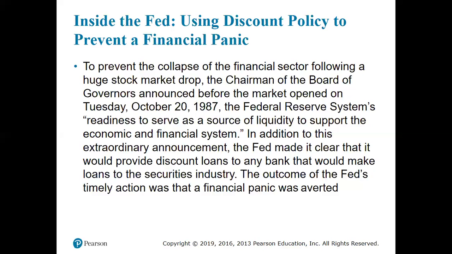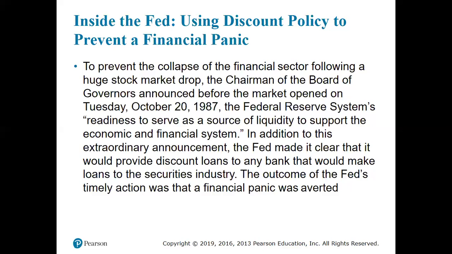They made it clear that they would provide discount loans to any bank that made loans to the securities industry, because there were a lot of problems that arose because in many cases some stocks fell by 30-40% in one day, and some of the players in the stock market took major hits and created a great deal of concern and instability in the markets.